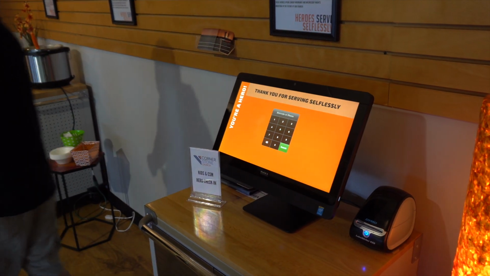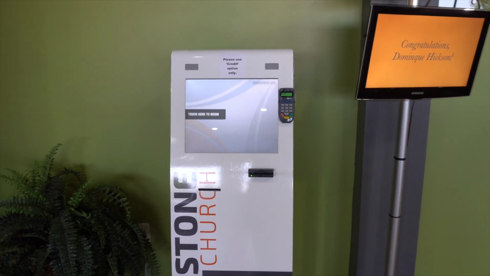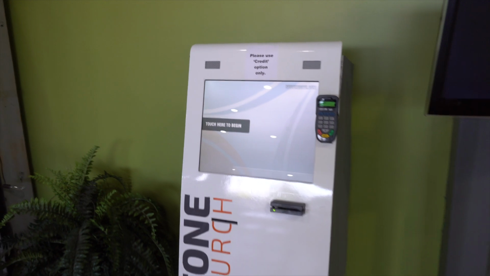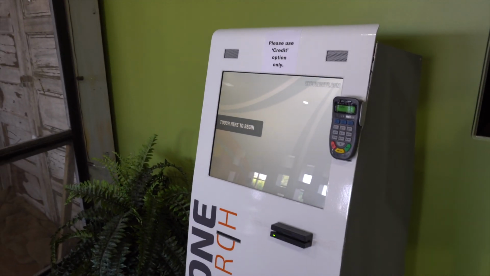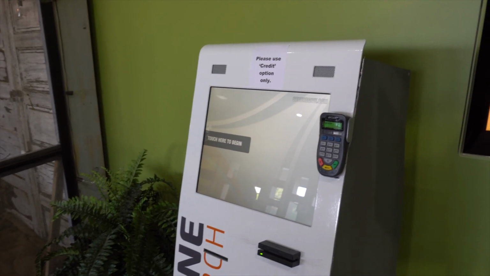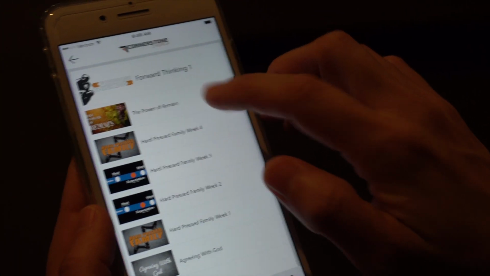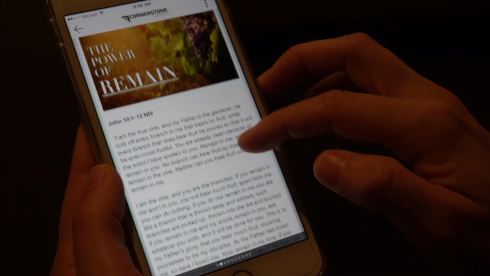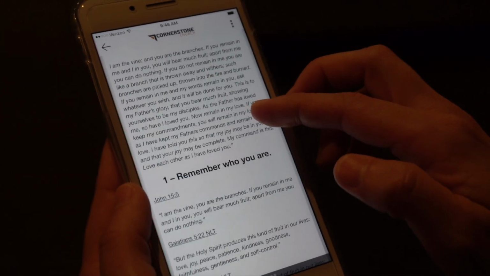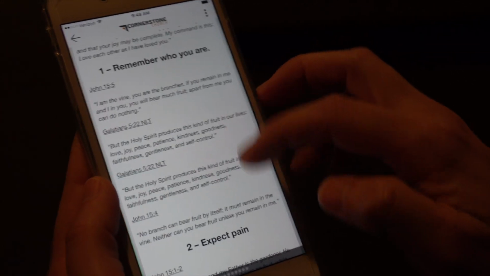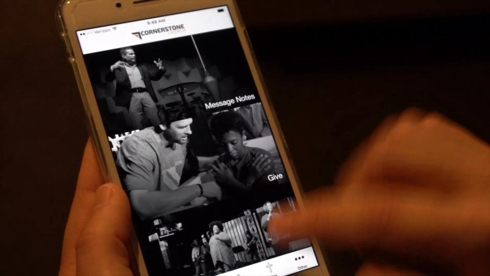Was that kiosk properly connecting to the network and doing what it needed to do to receive the tithes that folks may be giving? And like I mentioned earlier, they've got a church app. I have to make sure that app is working during the church service, not just when the church is empty. That's kind of easy, right? I have to make sure that things are performing while your customer's environment is being used.